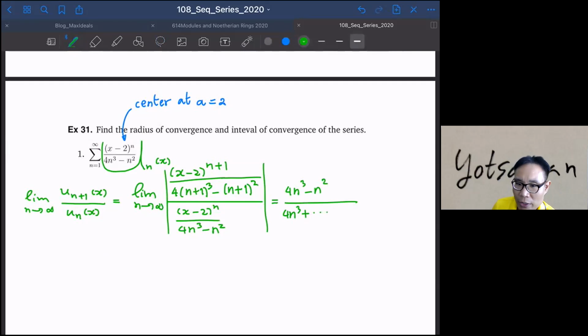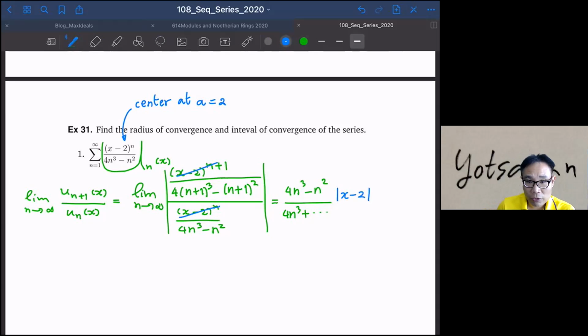I don't care about the other terms. And you're going to have the absolute value of x minus 2. Let me get rid of this and this. So what I would have left is just the absolute value of x minus 2.